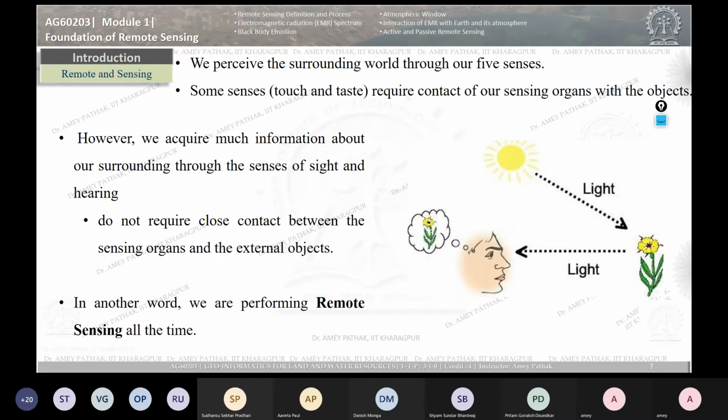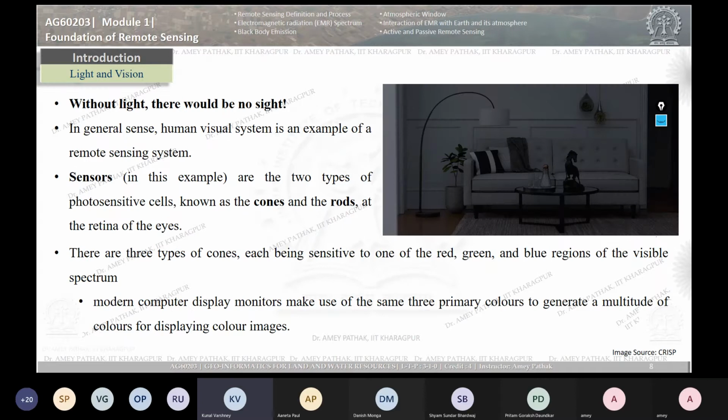Because of the reflection of light into our eyes. If light is not there, then we cannot see the object. But if there is some natural light, then we can see the object. So what you are saying is that without light there would be no sight, right? Yes, sir.